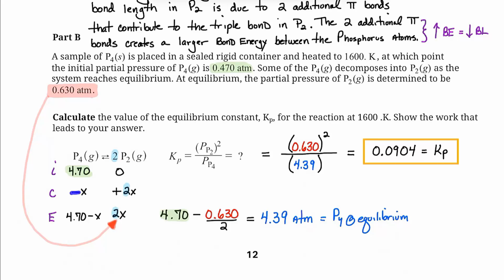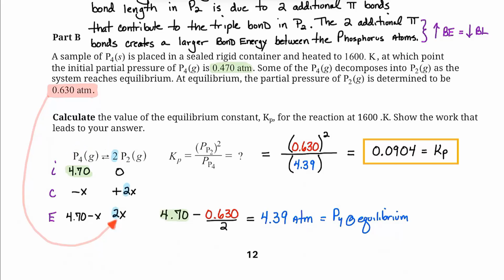We're going to be minus X here, and we're going to be plus 2X. That's the key to the problem. Notice the coefficient of 2 here. So whatever molarity is lost as a reactant as this goes forward, we double that for the P2, because of the stoichiometric relationship of 1 to 2.